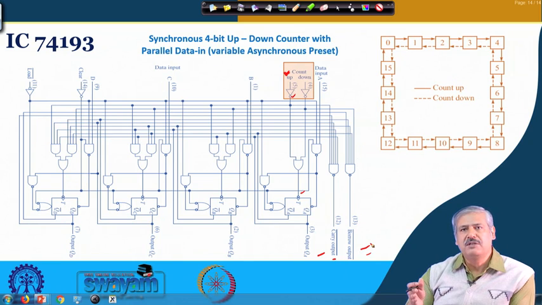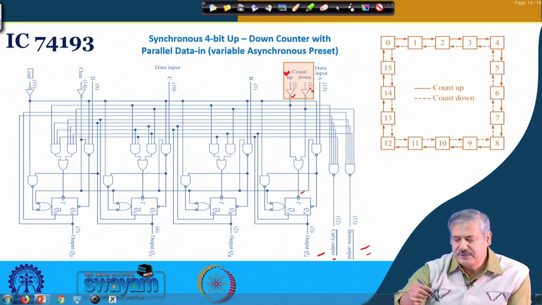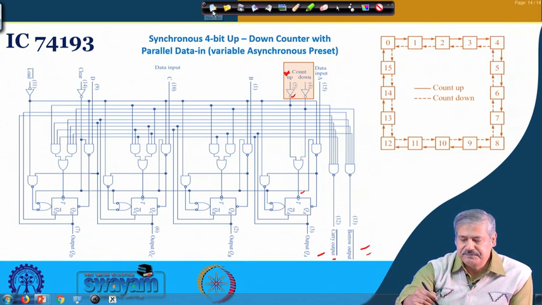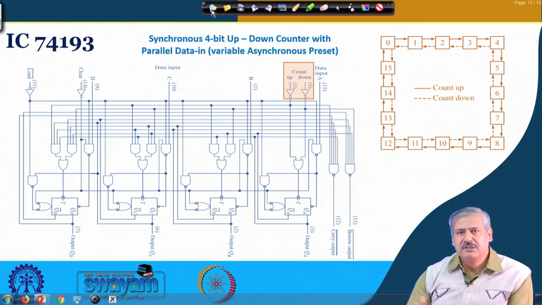When it goes to 0, that means all of them are 0 and the count down clock is at logic low in the second half of the clock cycle, at that time it will be active. Otherwise they will not be active. This is the count up, count down sequence that we can see. We shall see its performance with a timing diagram, that will make it more clear.